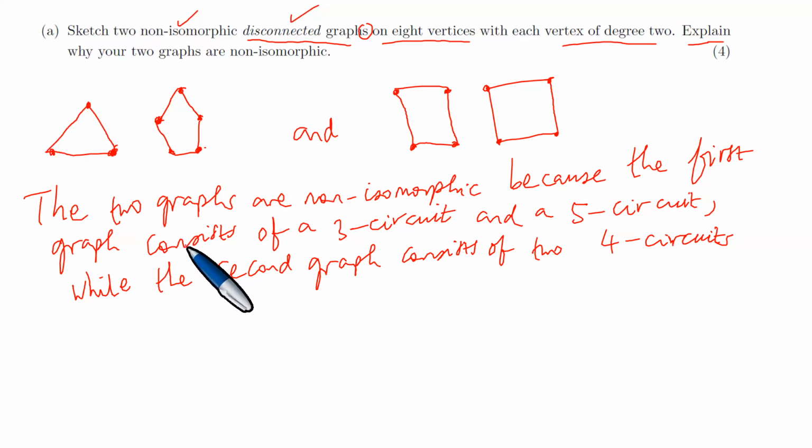But that is not enough to justify isomorphism, because you can still have the same degrees but the graphs are not isomorphic. This explains the notion of using the circuits. If you have degrees that are the same, then you come to the circuits.